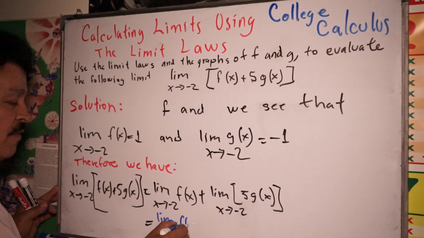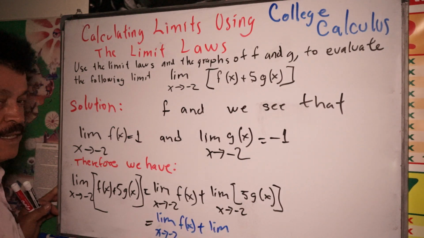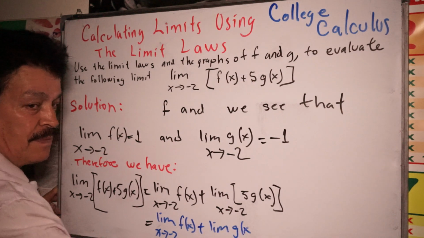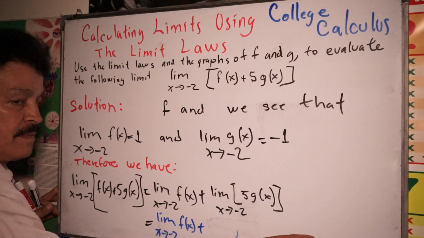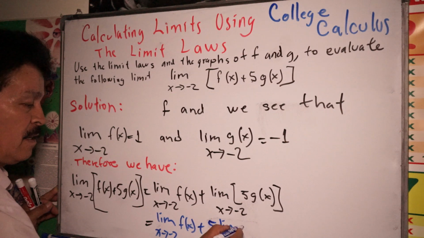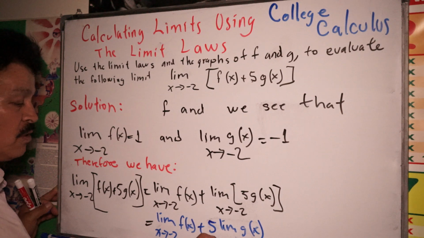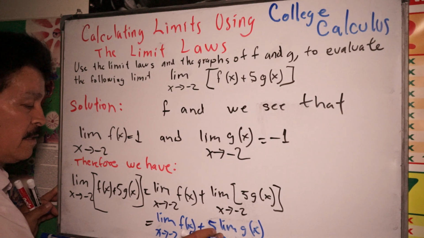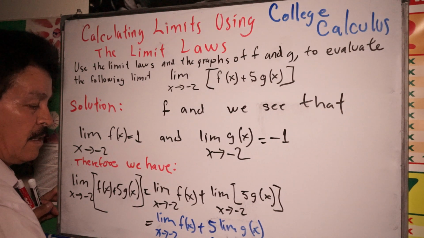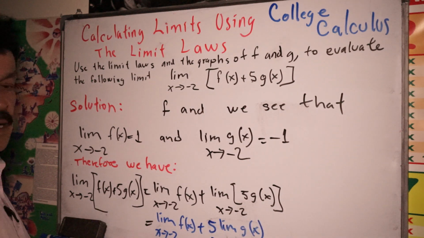Simplifying, this is the limit of f of x plus 5 times the limit of g of x as x approaches -2. Here we use limit law number 3.